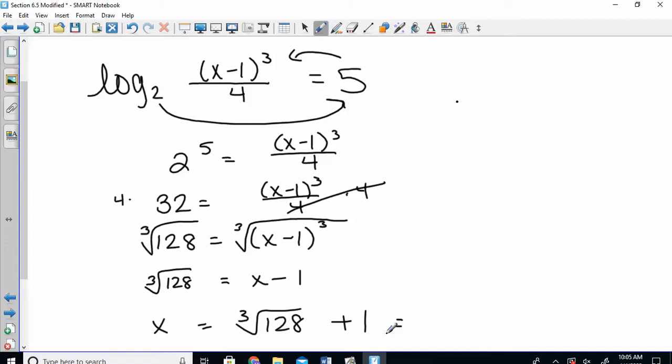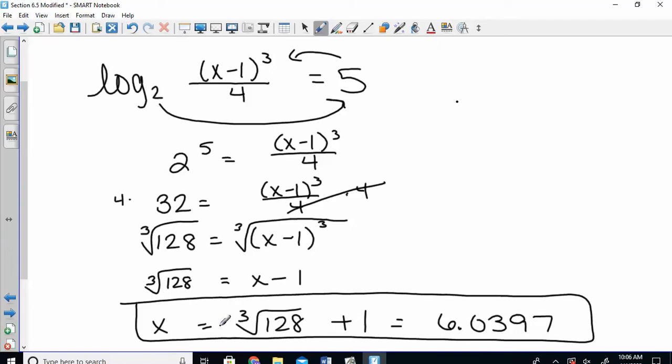Or we could give the decimal. So you might have to take some steps to condense things before you can do the definition. Is there any of them like that on the homework?